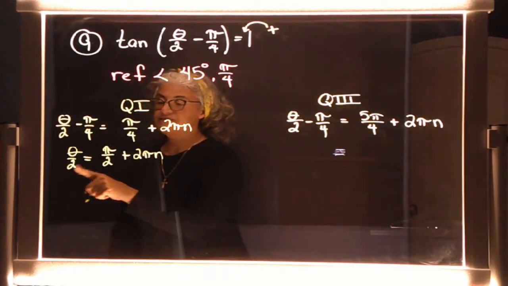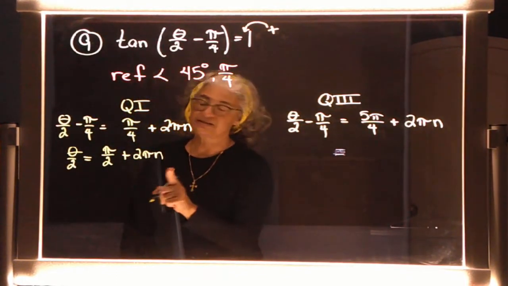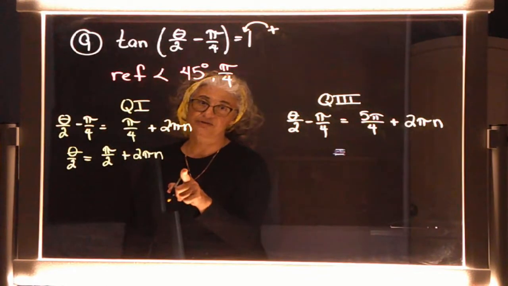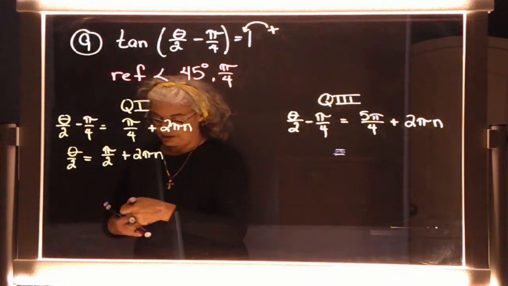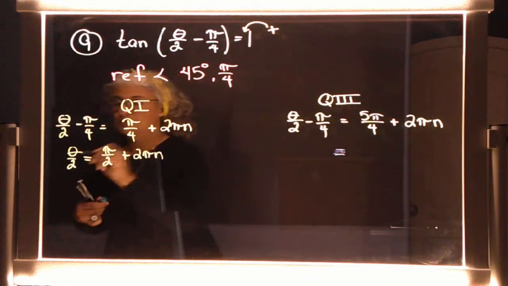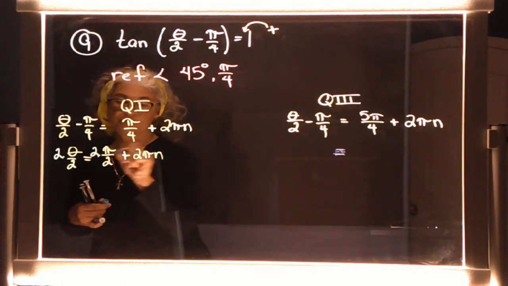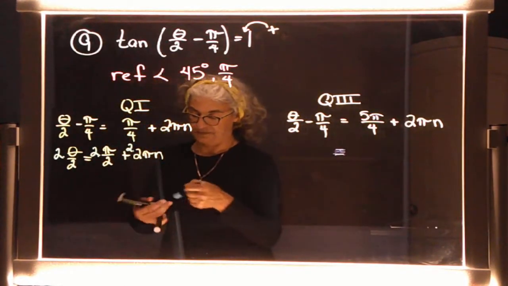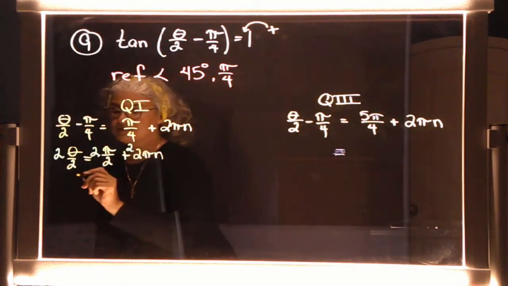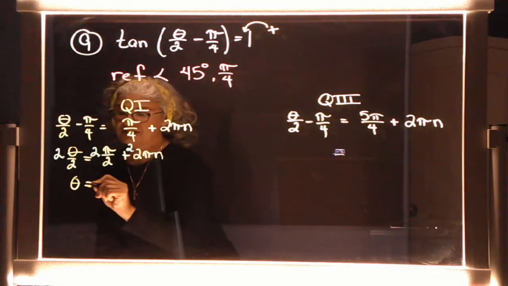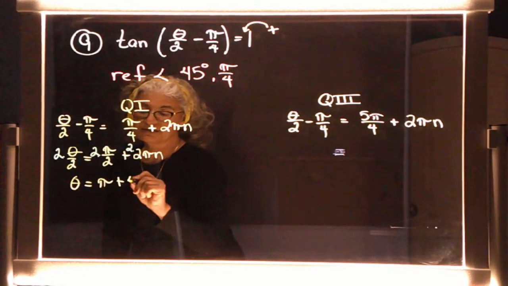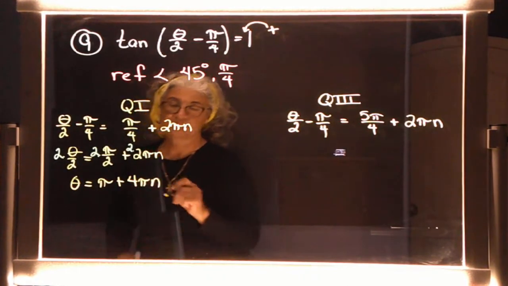And then I've got to divide, not divide in this case, I have to multiply everything by 2, don't I? So for you visual people, we're multiplying everything by 2, aren't we? Which means I have theta equaling pi plus 4 pi n.